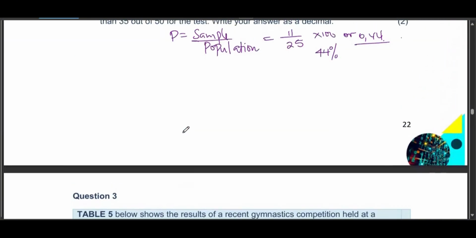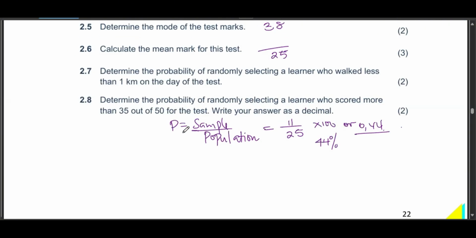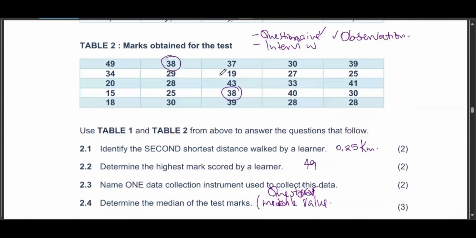They're asking us to determine the probability of randomly selecting a learner who scored more than 35 out of 50. The marks that we see here, more than 35 out of 50. We have marks here that we're going to count.